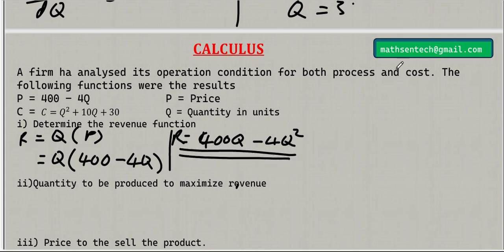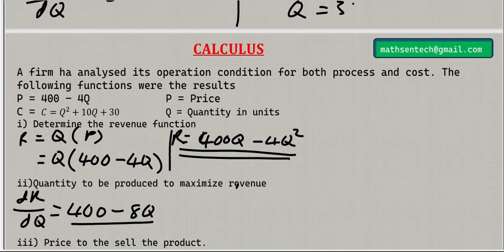So dR by dQ will be given by, now if you don't know how to differentiate, you can go to the earlier class on differentiation, 400 minus 8Q. So that will be your derivative.